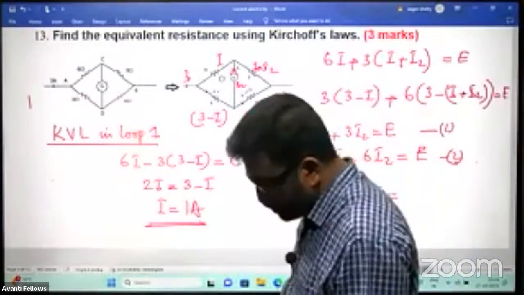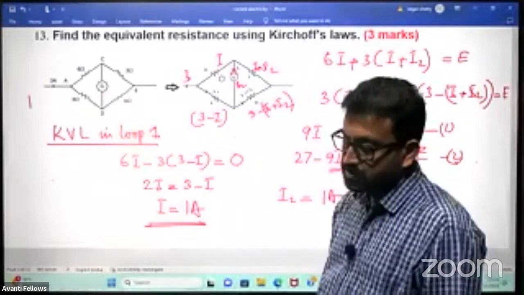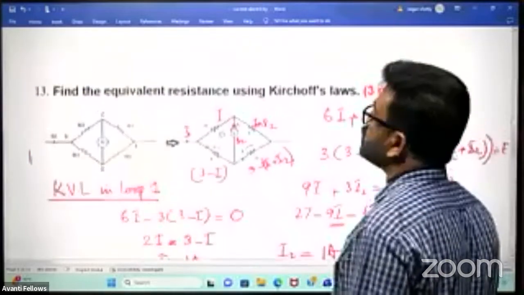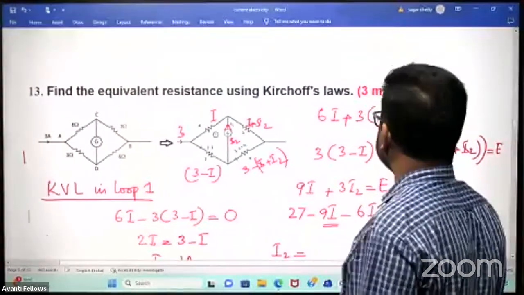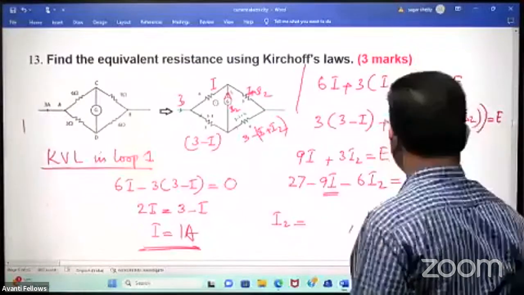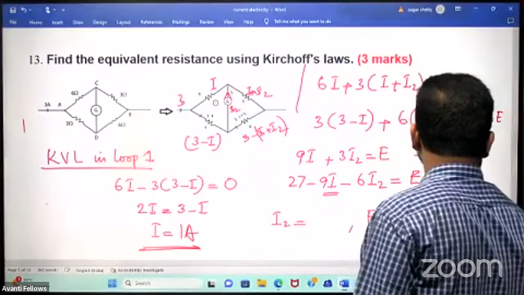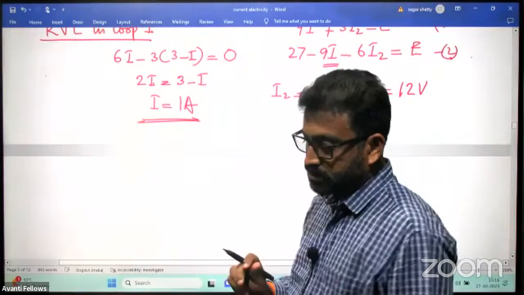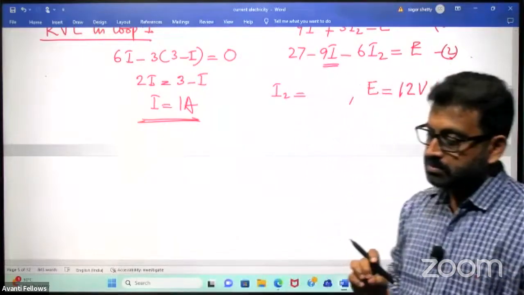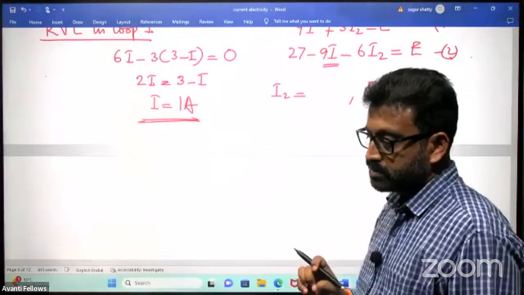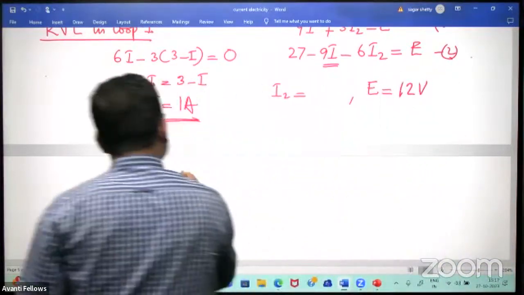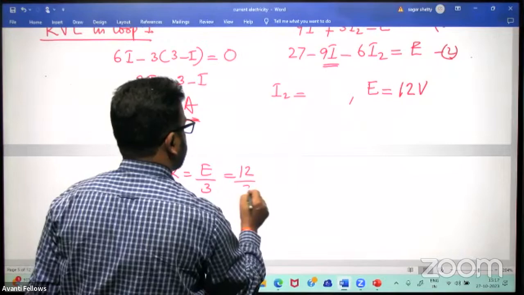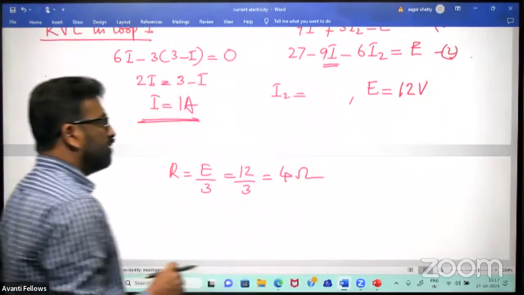We get the value of E as 12 volt. Then R is 12 by 3 equals 4 ohm.